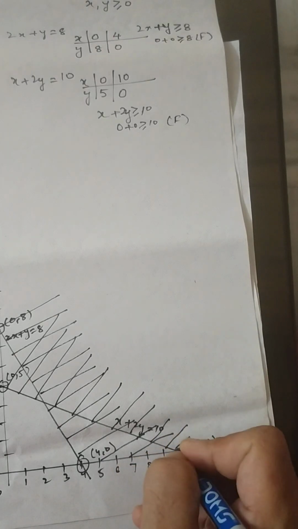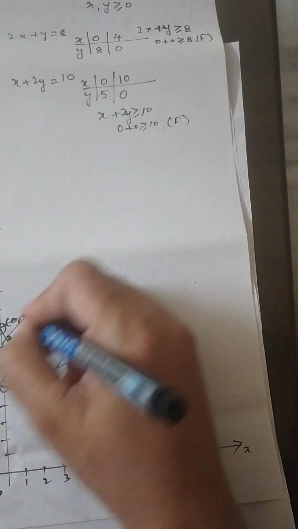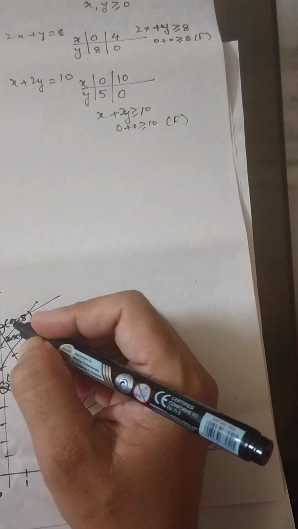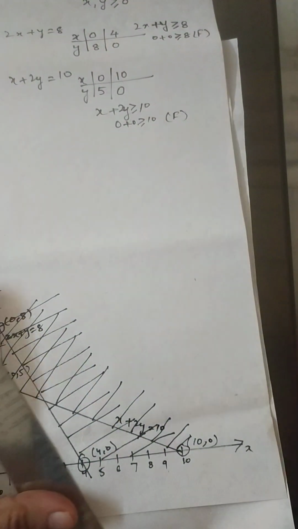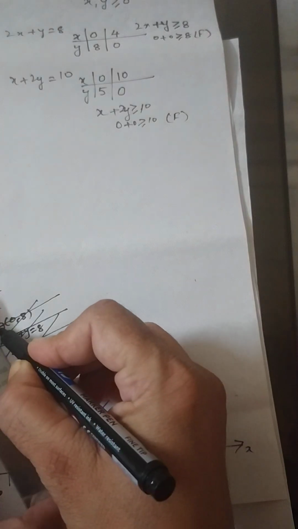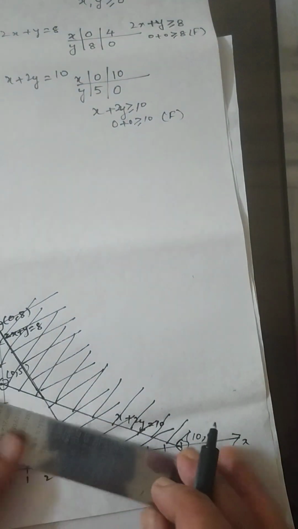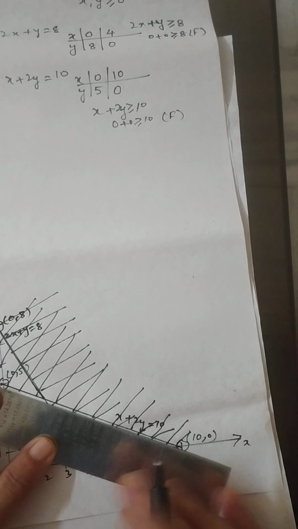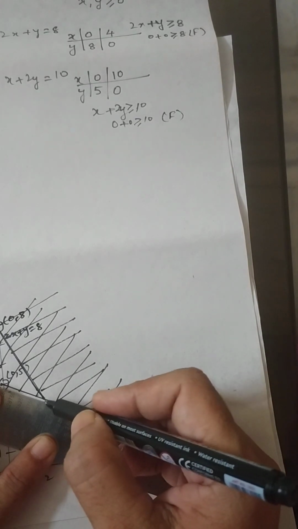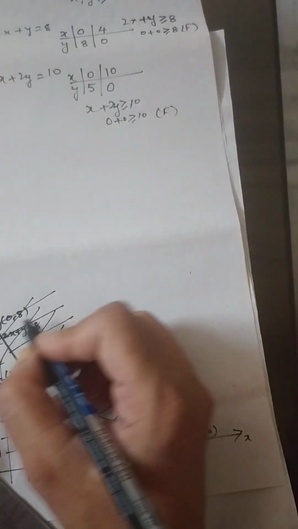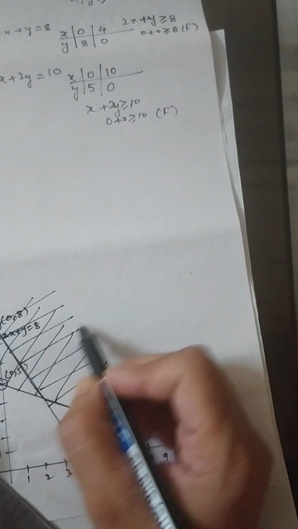Now you find that the region where we have two different shadings, that region is this one. Okay, so this is the feasible region.